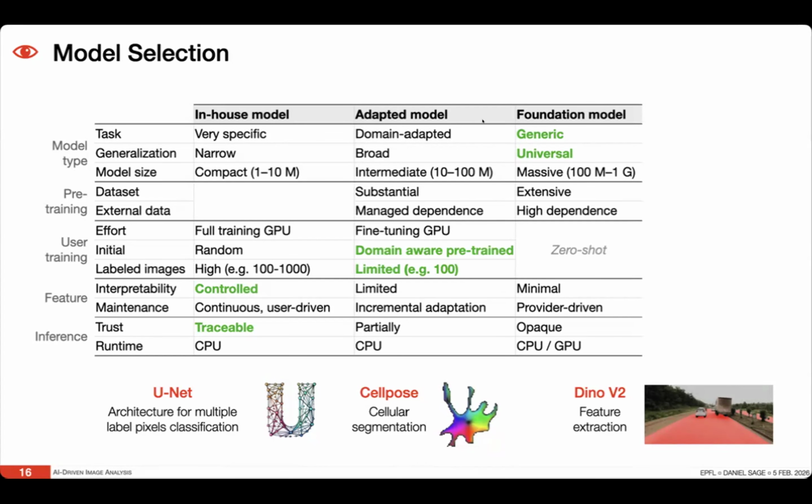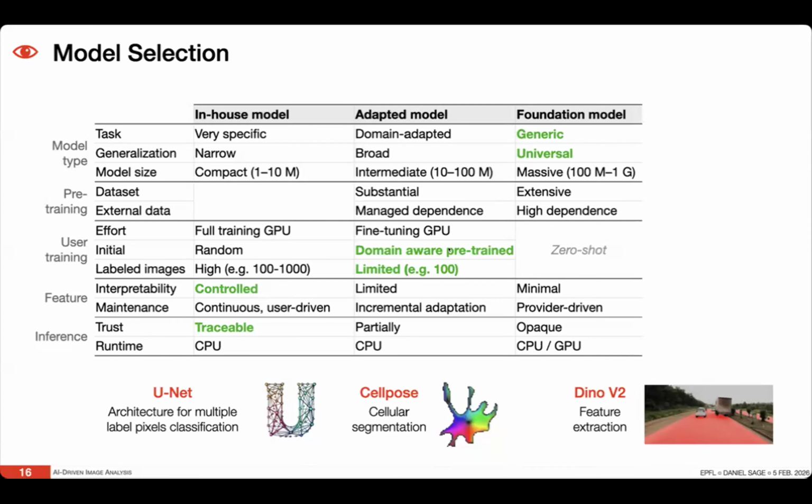And if you use an adapted model, that means you will start with an initial model, so you have an effort to do in terms of training. The adapted model means you will start with a domain-aware pre-trained model.